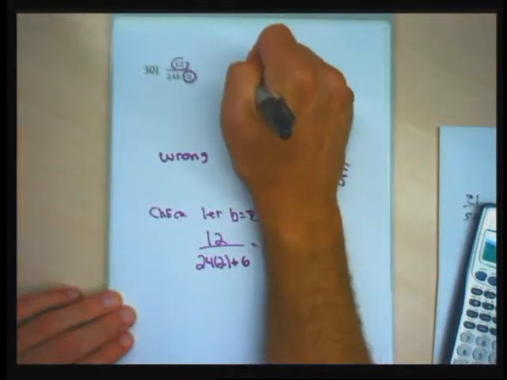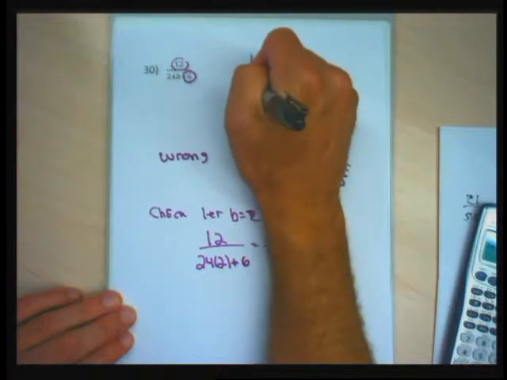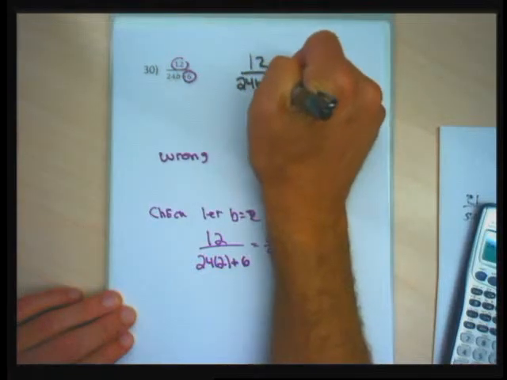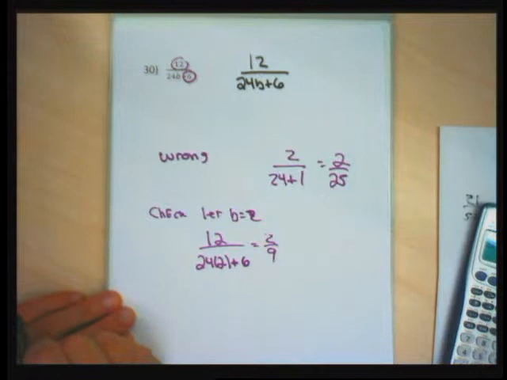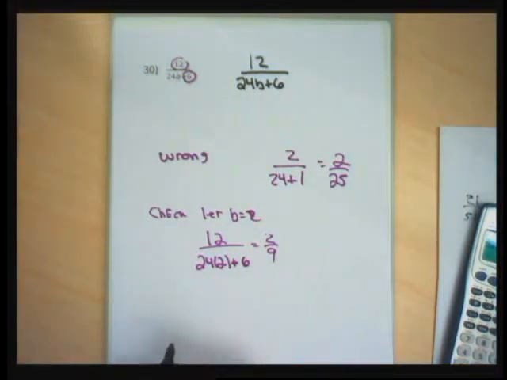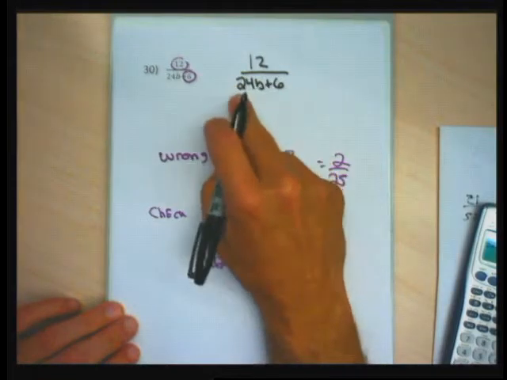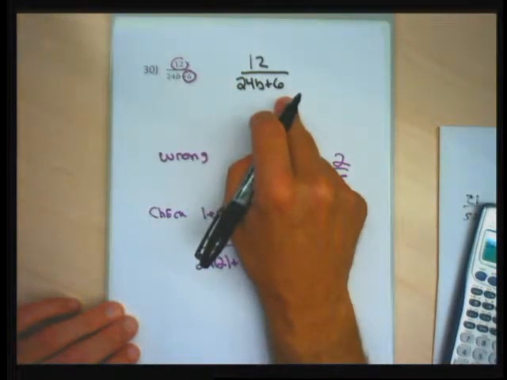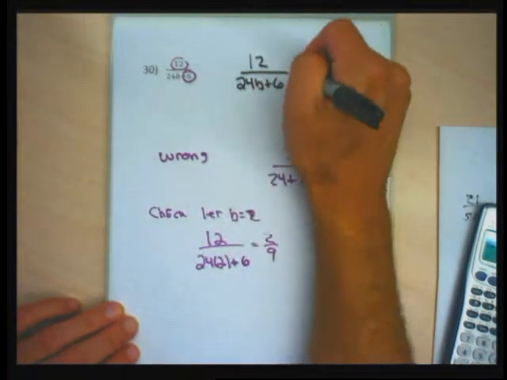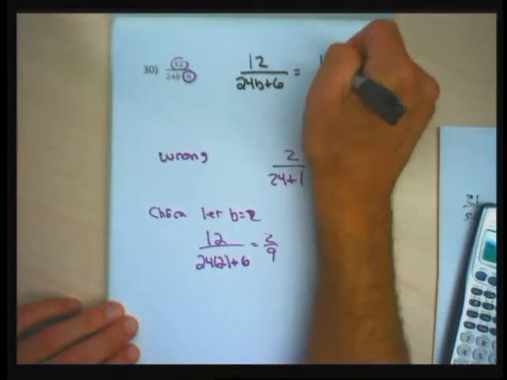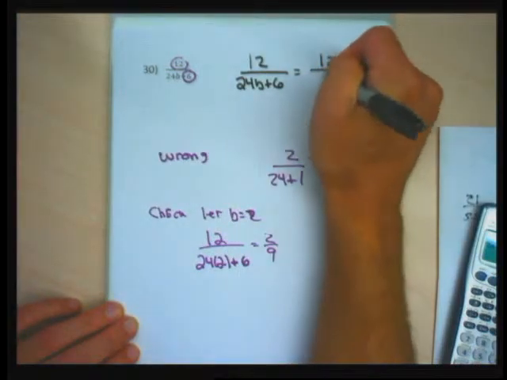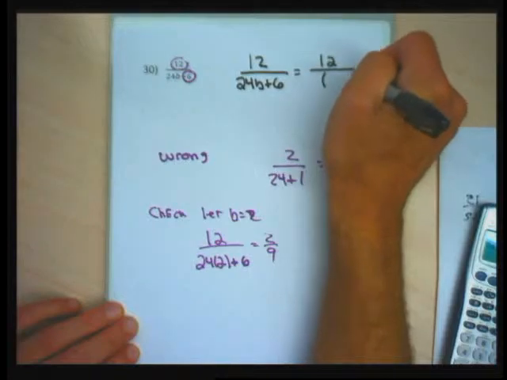So in order to get 30 solved correctly, I need to factor the denominator and produce a single number that's kind of free of the plus sign. In the denominator, both 24 and 6 are divisible by 6. I'm going to factor out a common factor of 6, so I'm going to rewrite the denominator.